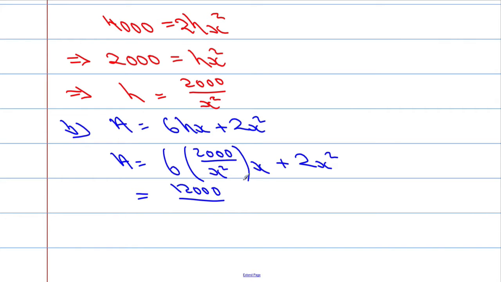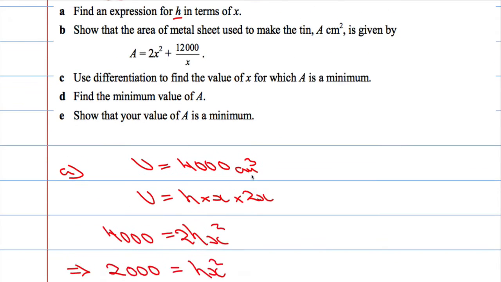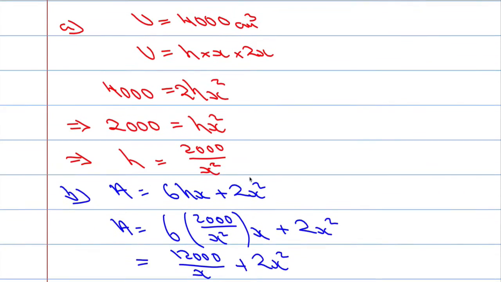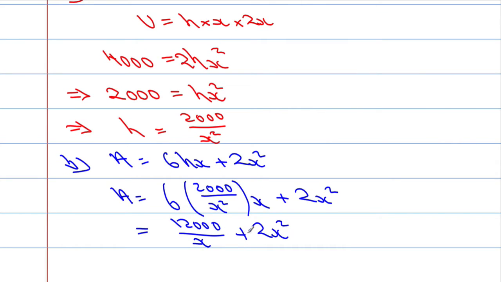If I times that by x, I'm going to end up with x underneath the line as the denominator, plus 2x squared. I think that's what we were looking for. So absolutely, 2x squared, let's rewrite it the way it said in the question, 2x squared plus 12,000 over x. Lovely.